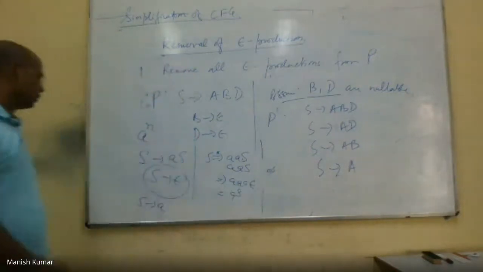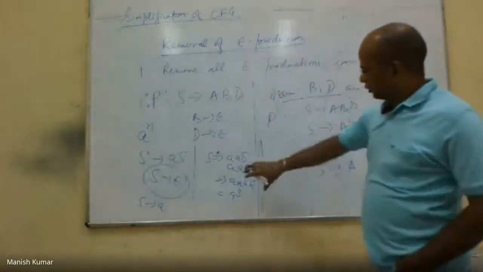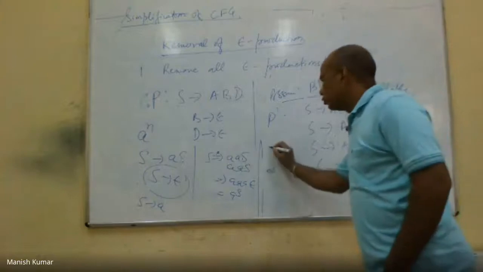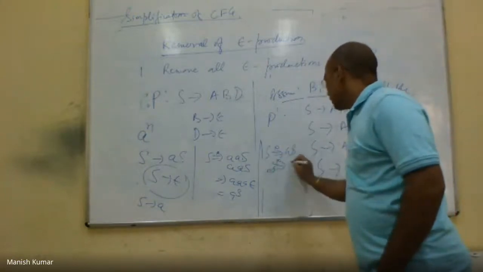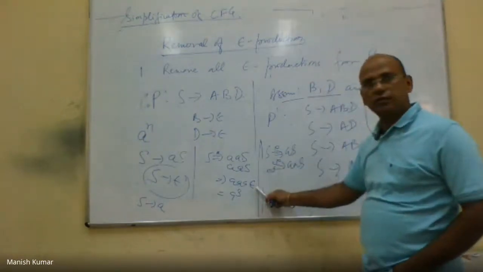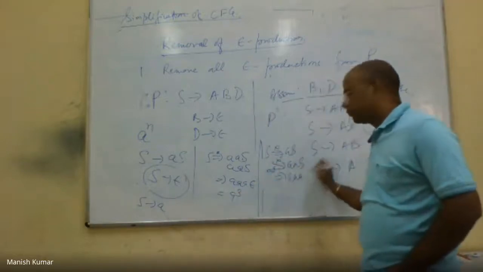So what will happen in this case is that the first case will be like this only. In the next case, whenever you go for this AS, then AAS, now we will not go for this. Rather, I'll use this one and I'll terminate here itself.